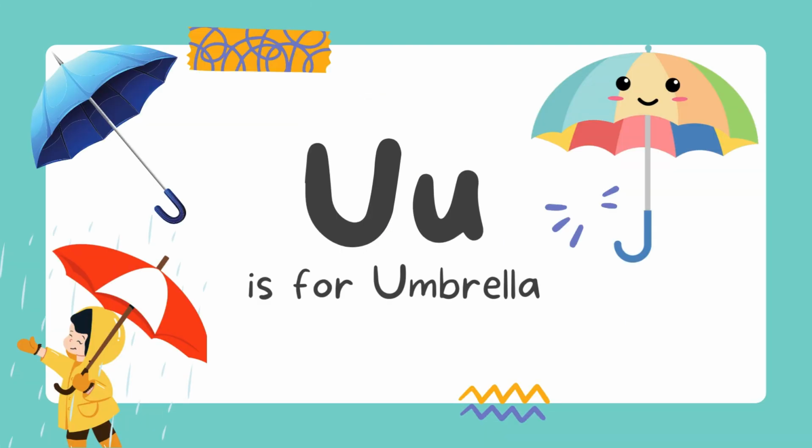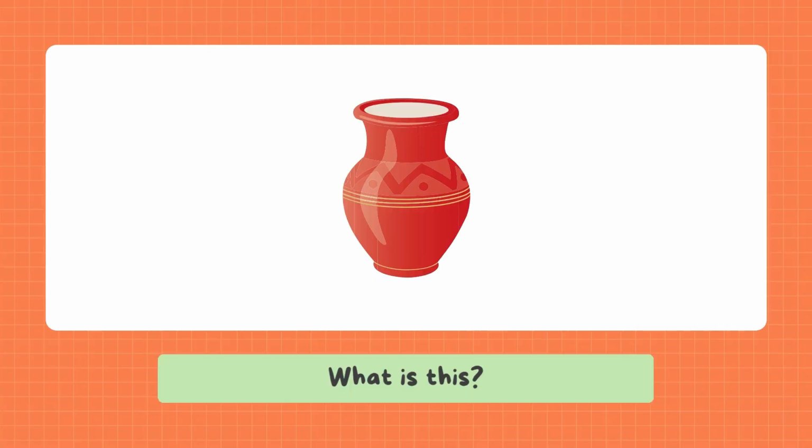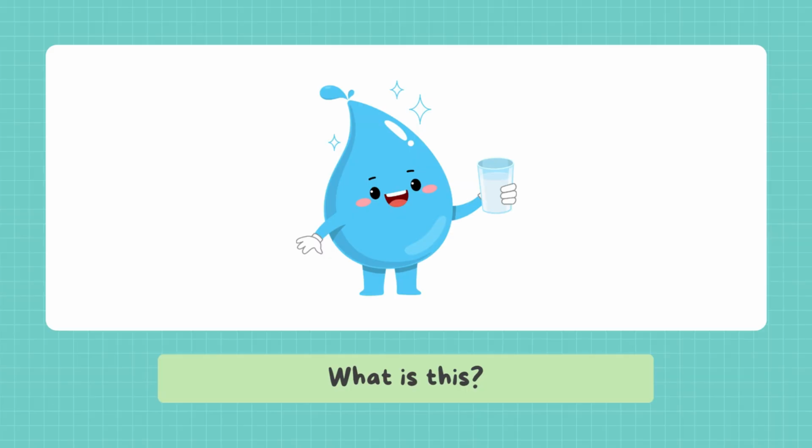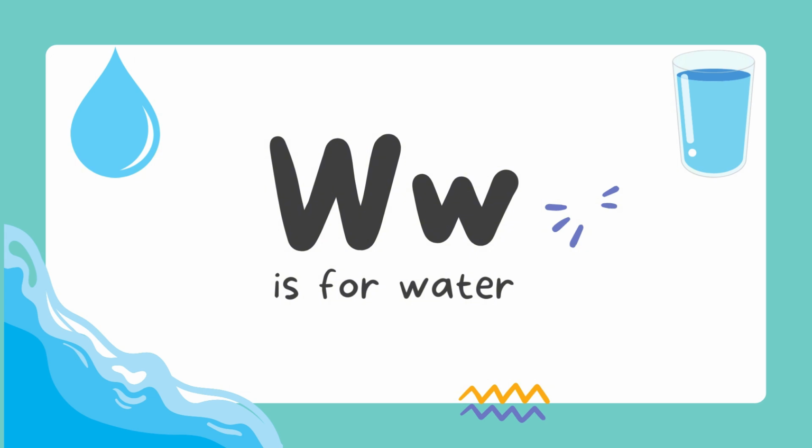U is for umbrella. V is for vase. W is for water.